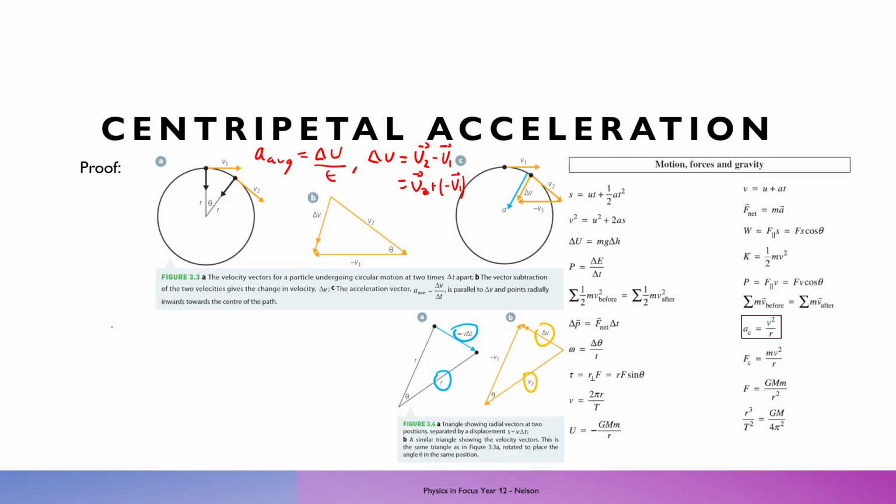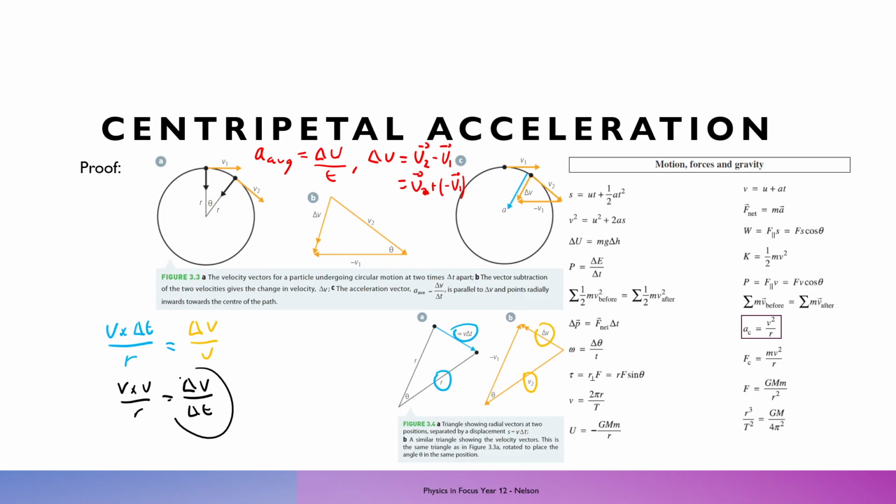So we know that velocity times the change in time over r is equal to the change in velocity over velocity. Now from this point, what I'm going to do is rearrange the equation so that we have v times v on r on one side and change in velocity over change in time on the other.